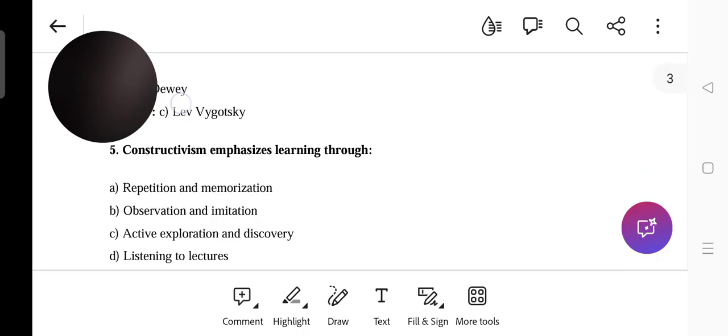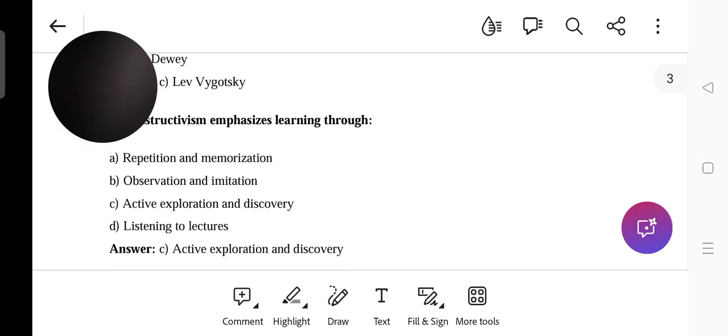Okay, the next question: constructivism emphasizes learning through option A, repetition and memorization, option B, observation and imitation, option C, active exploration and discovery, and option D, listening to learners.